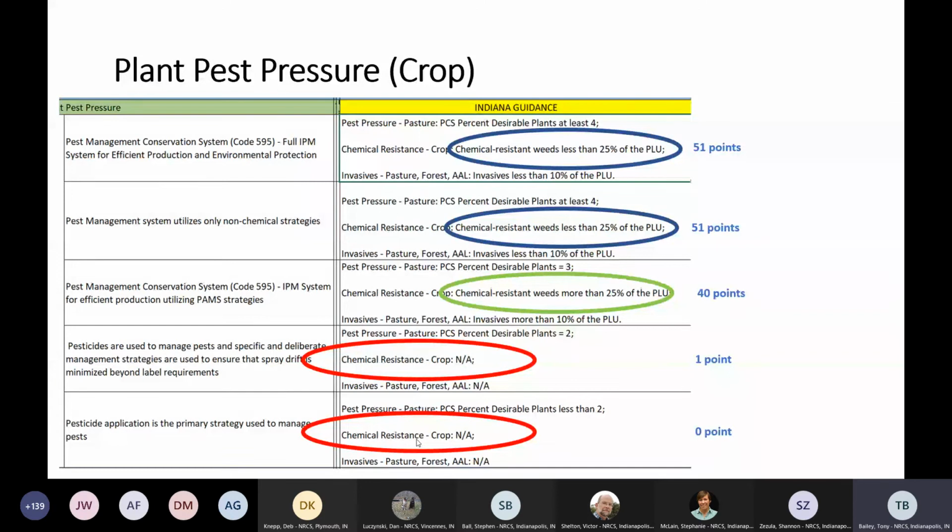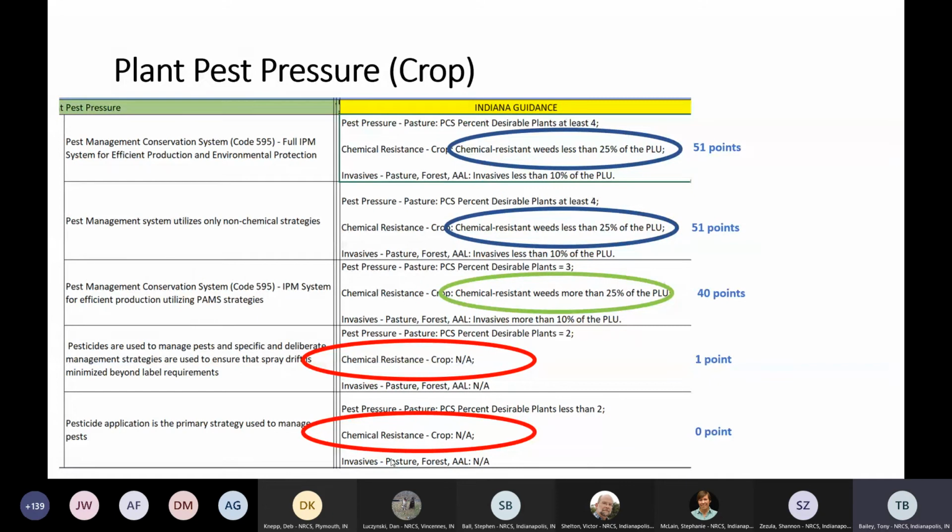And if we have a larger amount of herbicide resistant weeds, then either 1 or 0 points. So again, it's probably something we haven't talked a lot about. We kind of know it's out there, but the importance of it and how it relates to conservation agriculture is important. So just trying to make sure that we keep that in mind as well.